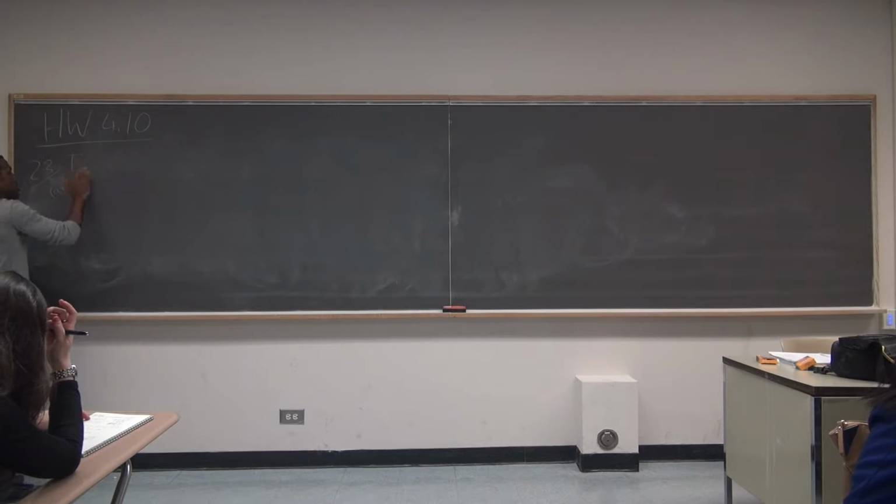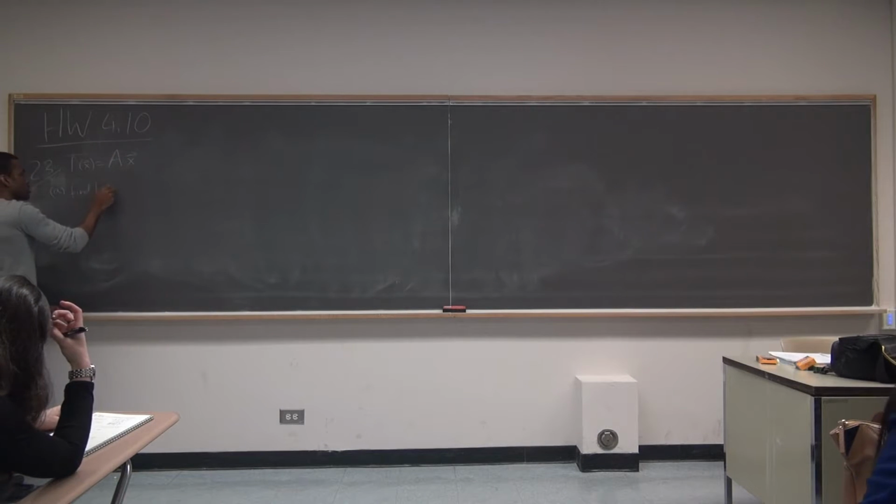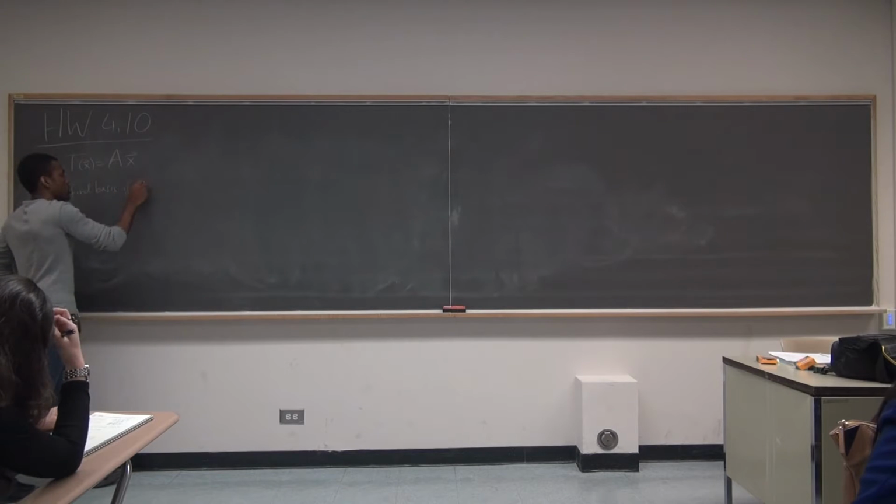So basically T of X just means multiplication by matrix A, and we find four things. The first one is the basis for the range.